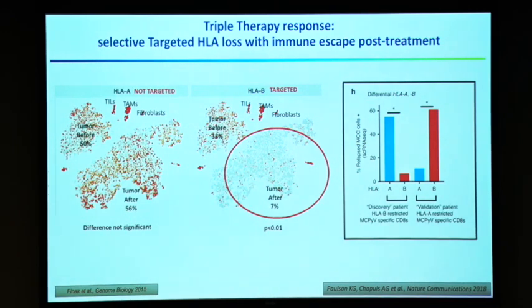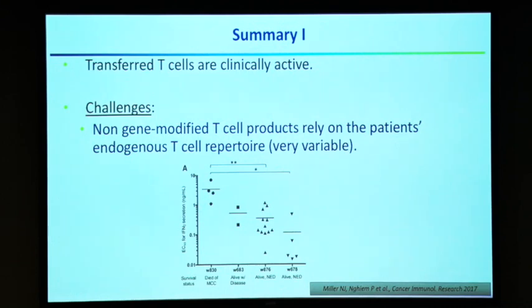In one patient we were targeting HLA-A, so basically exactly the reverse. So this was very specific of a tumor adaptation under the pressure of the T cells. So we were happy to see that our transfer cells were clinically active.